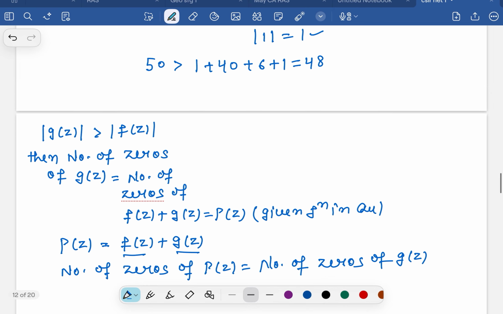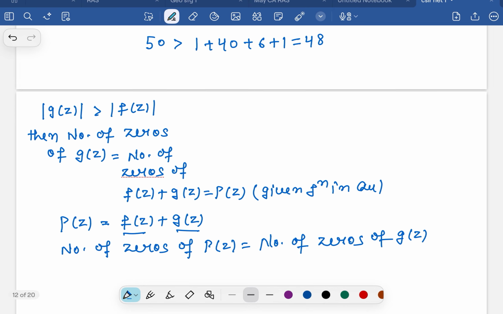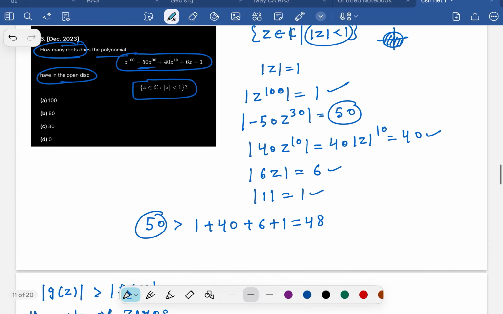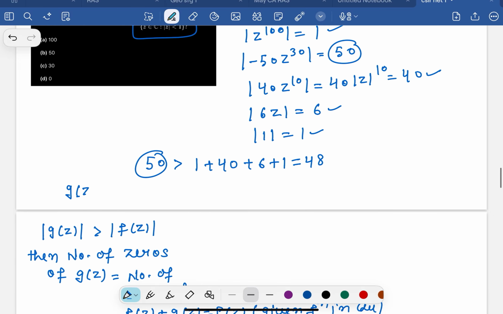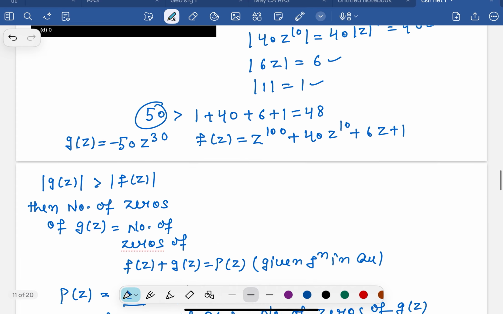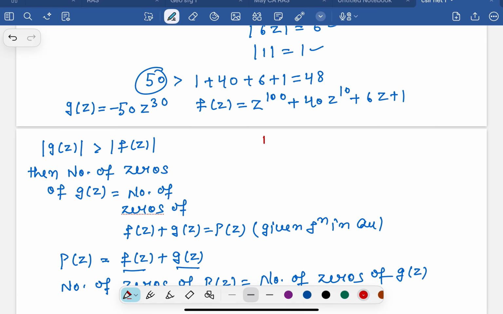ठीक है. So यहाँ पर भी we will do the same thing. So which one will be g(z)? This 50, I mean 50 वाला term कहाँ पर है, ये. So हम लोग क्या let करेंगे, we will let g(z) to be equal to -50 z to the power 30, the highest coefficient term, and we will let f(z) to be equal to the remaining function z to the power 100 plus 40 z to the power 10 plus 6z plus 1. And we have already proven that mod of g(z) is bigger than mod of f(z).